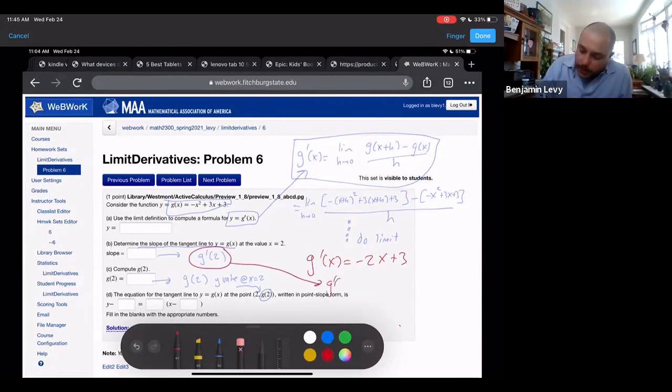We just plug 2 into the thing we just found. So it'd be minus 2 times 2 is minus 4, plus 3 is minus 1. So that's our slope. Is that okay? That's the slope of the line tangent to the point at 2.